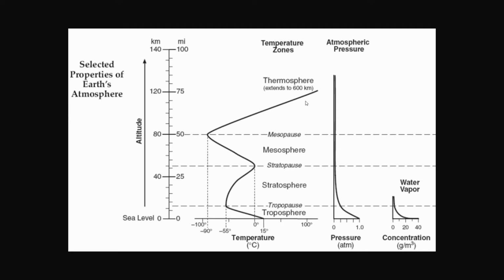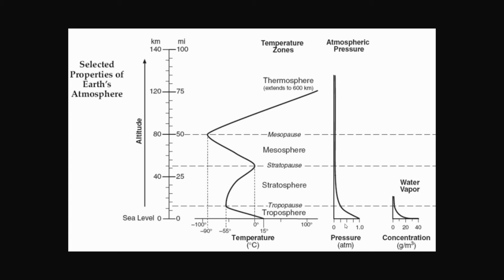Remember, heat and temperature are different. Heat is the total amount of kinetic energy, whereas temperature is the average kinetic energy. So these molecules have a very high average kinetic energy, but there's just not a lot of them out there, which means there's not a lot of heat up there. So don't look at 100 and say, wow, it's really hot up there. There's really not much heat to speak of.